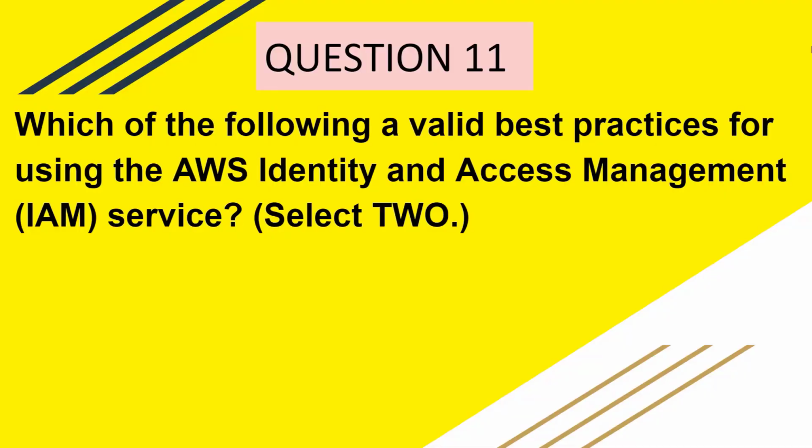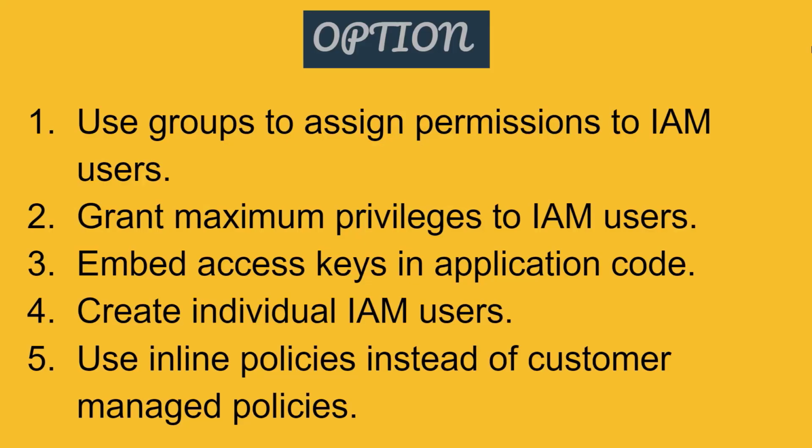Question 11. Which of the following are valid best practices for using the AWS Identity and Access Management (IAM) service? Select 2. Option 1. Use groups to assign permissions to IAM users. 2. Grant maximum privileges to IAM users. 3.